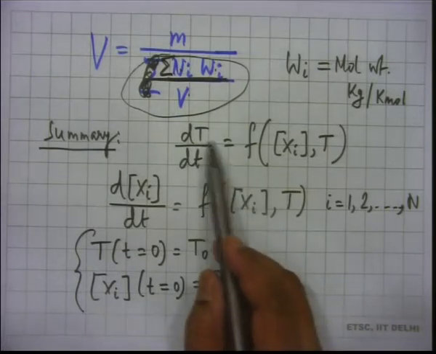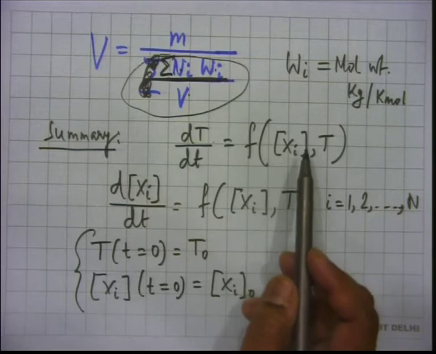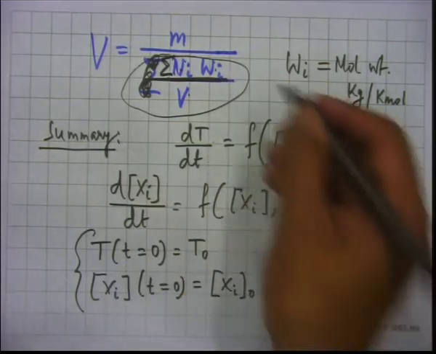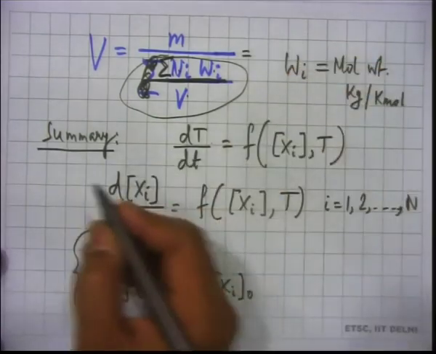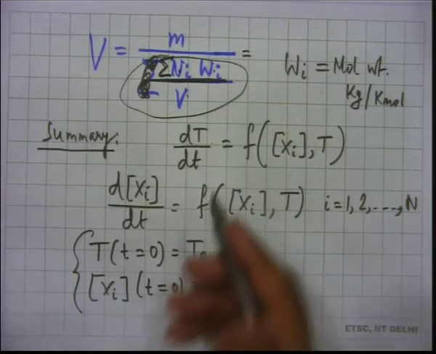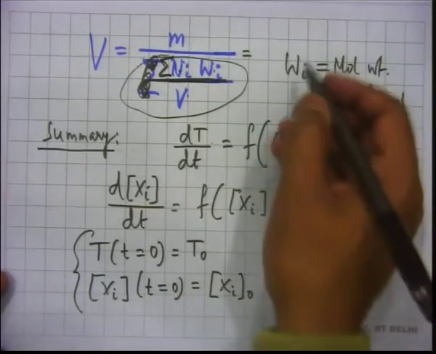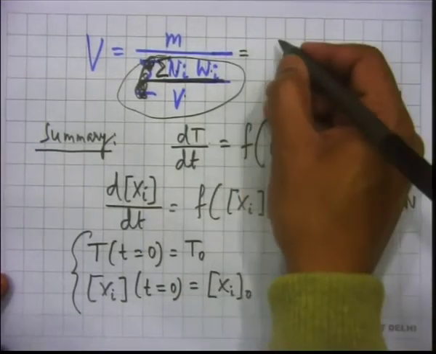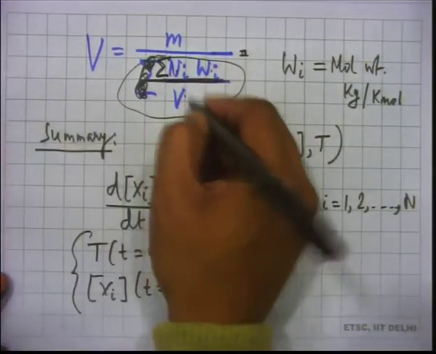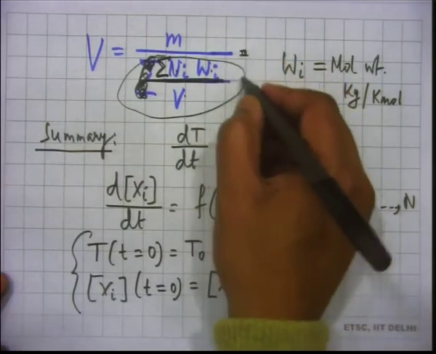The equation for temperature has a volume term also, but we got an expression for the volume term. These two volumes are the same on the left hand side and right hand side in the denominator. Actually I forgot to write one more step. I just asked you whether this is okay or not.